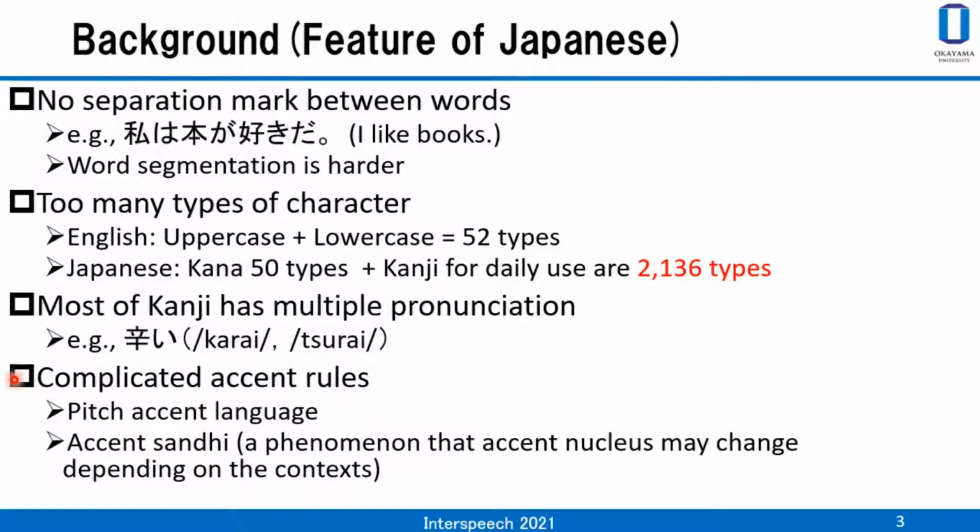Japanese is a pitch accent language, therefore it is important for Japanese TTS systems to assign an accent nucleus at appropriate positions. However, accent sandhi, a phenomenon in which the accent nucleus may change depending on the context, makes the task harder.